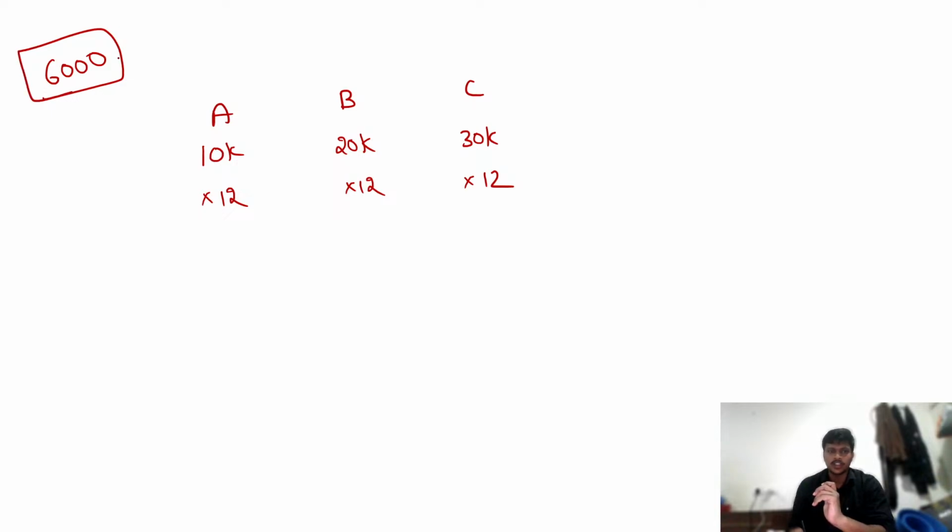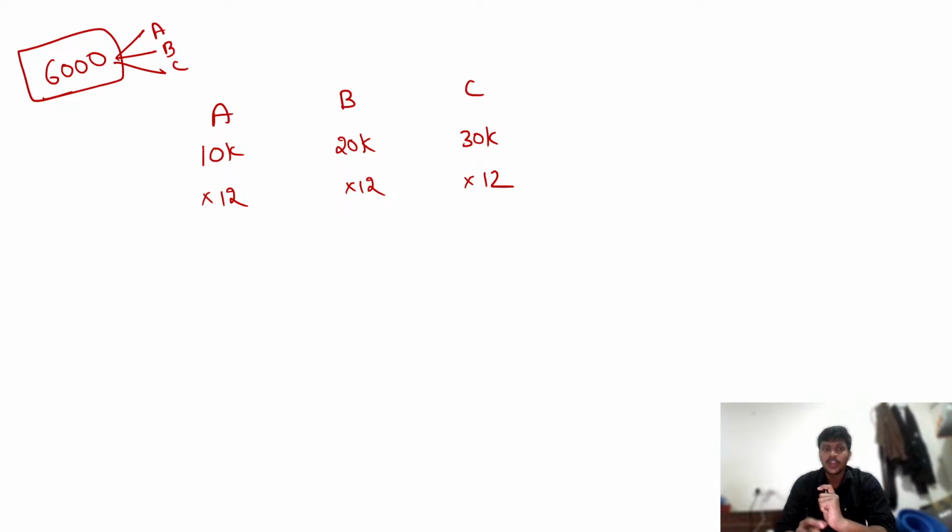Now you need to find out how you are going to divide this 6,000 between A, B and C. Just because they are doing the business for 1 year doesn't mean that you have to give the profit equally. Why? Because here C is investing more, so if something bad has happened, C is going to bear more losses.